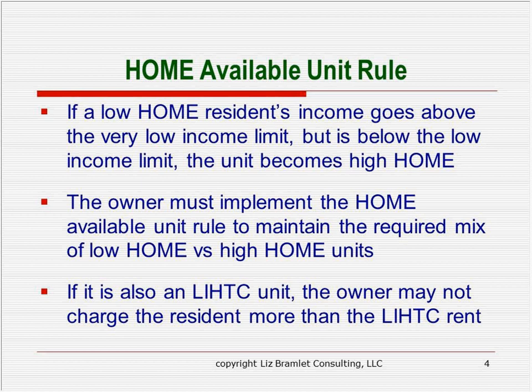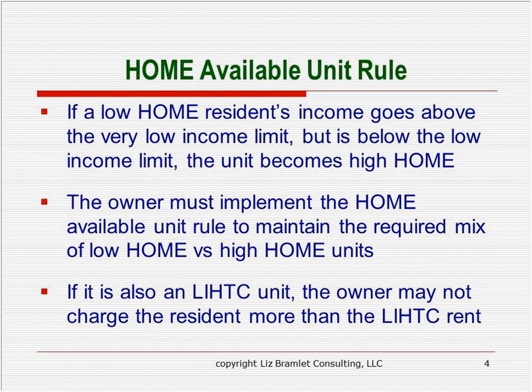There is an available unit rule for the HOME program, which management is required to implement as they do annual recertifications. If they find that a low HOME resident's income goes above 50% of the AMI, the very low income limit, which is the income limit for low HOME units, but their income is still below the low income limit, still below 80% of the AMI, the unit switches from being designated a low HOME to being a high HOME unit.